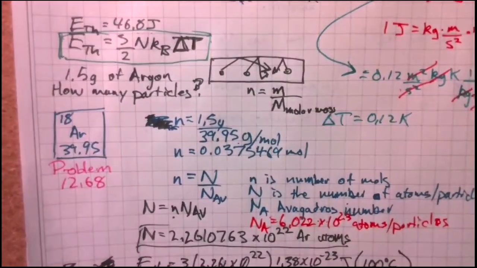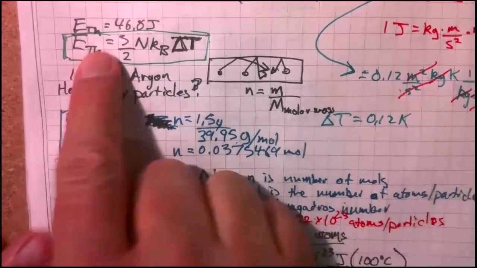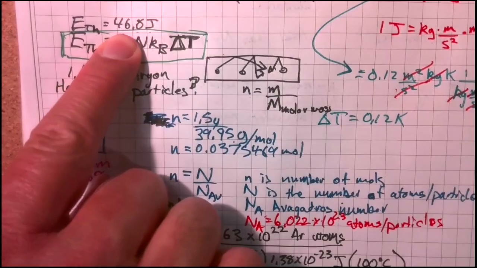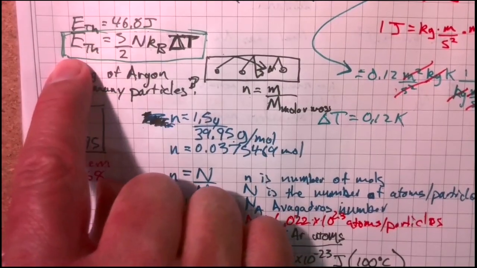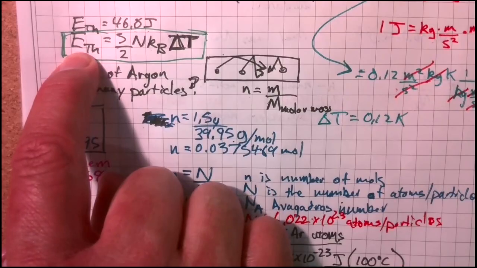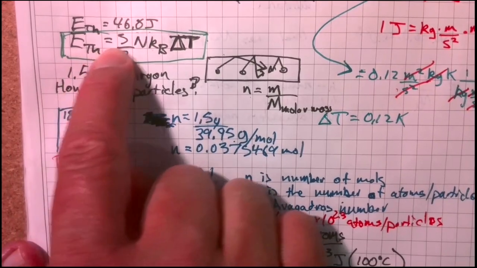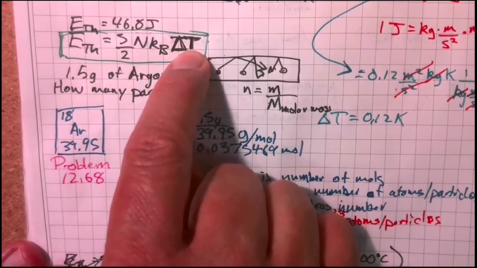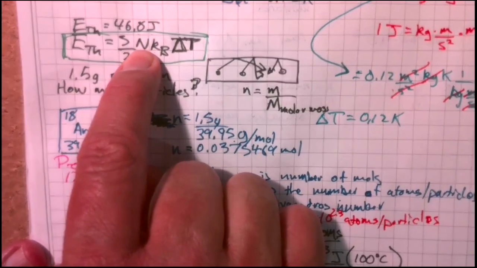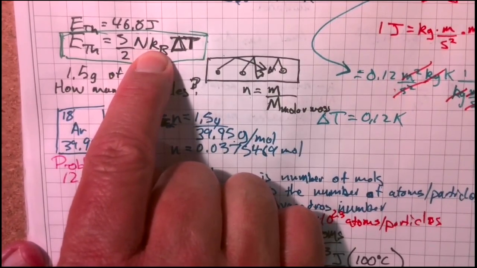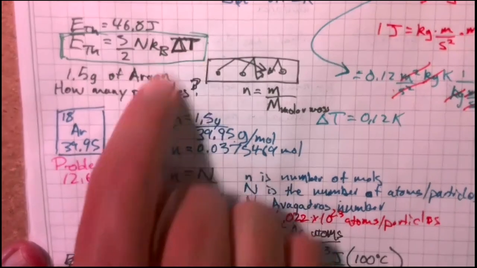I think I had it, but I forgot to push record. So we put the numbers in here and ended up getting 46.8 joules. We use this equation here: the thermal energy required to raise the temperature is equal to 3/2 times n, the number of particles, times Boltzmann's constant times the change in temperature.